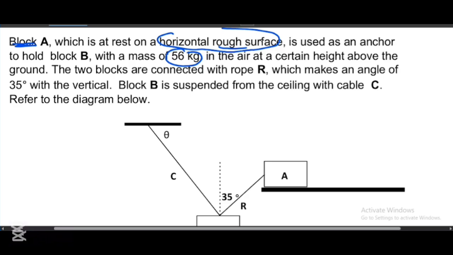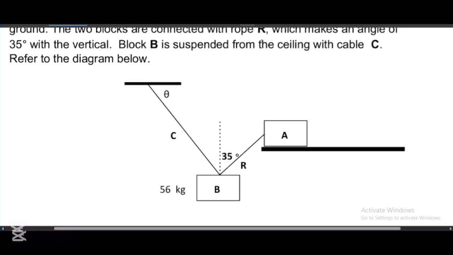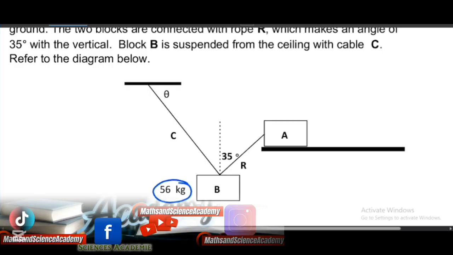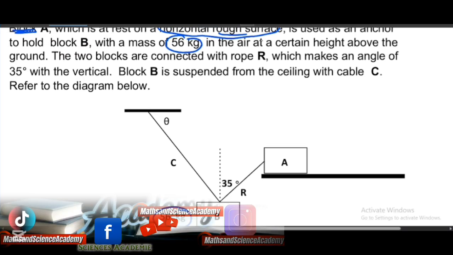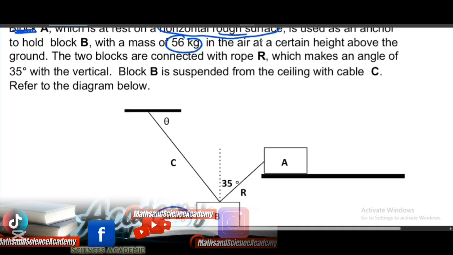Block B is held by block A, and block B is in the air at a certain height above the ground. The two blocks are connected with rope R, and as you can see, here we have rope R, which connects block A and block B, and this rope makes an angle of 35 degrees.